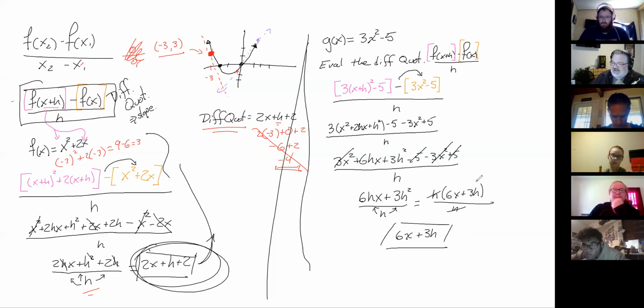Now, it's not quite as nice as this. I mean, it was nice that all of these things cancel out, and that does happen every time it's a polynomial. But if it's not a polynomial, if it's a rational function or a radical function or something else, it can be quite a bit more difficult to make this h cancel. It can be quite a bit more difficult to simplify these.